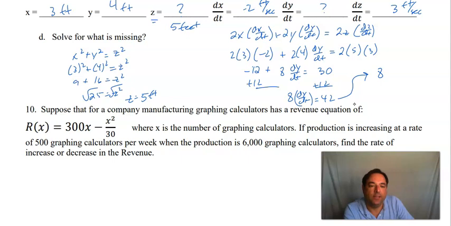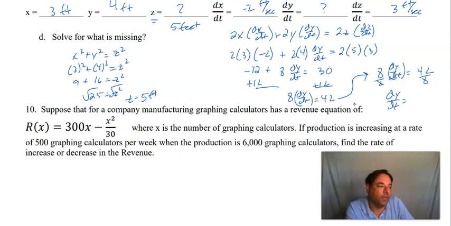So if we have 8 times dy over dt equals 42, we divide by 8, we have dy over dt. If you do 42 divided by 8, you will get 5.25, and remember that's a rate, so it's going to be feet per second. So now we solved for everything.